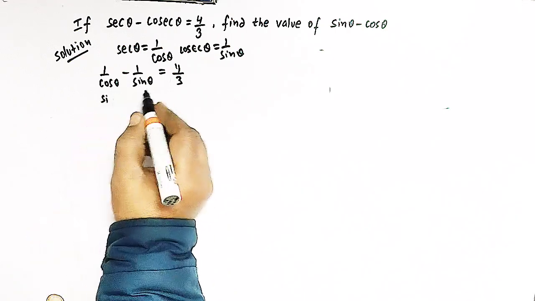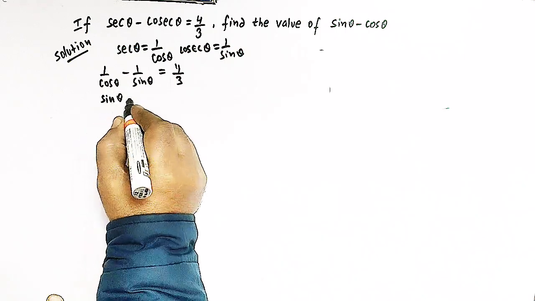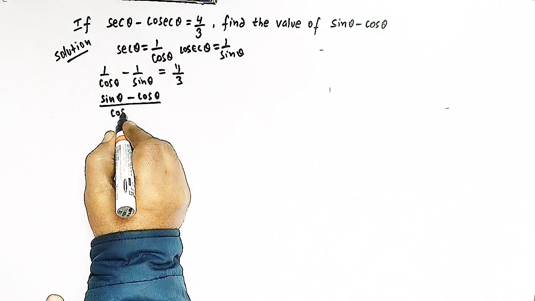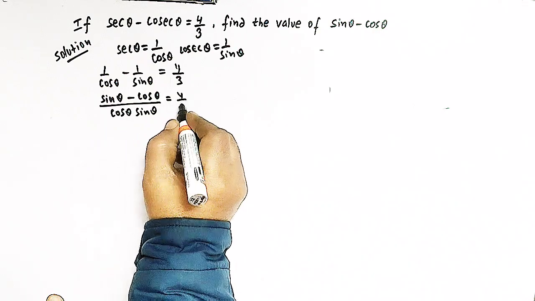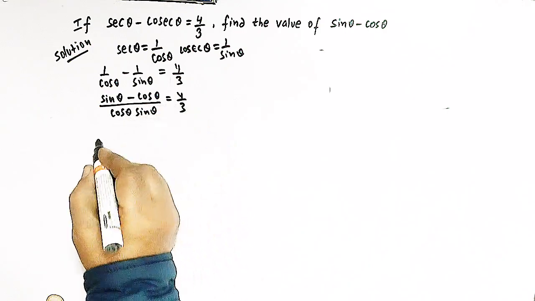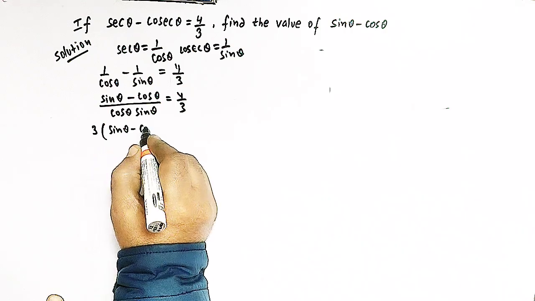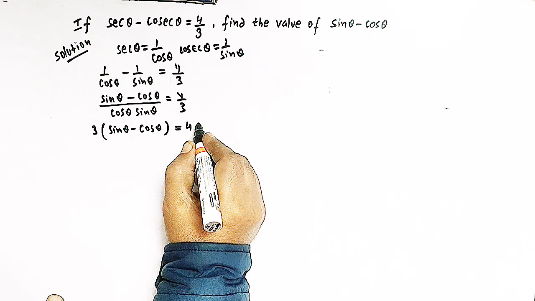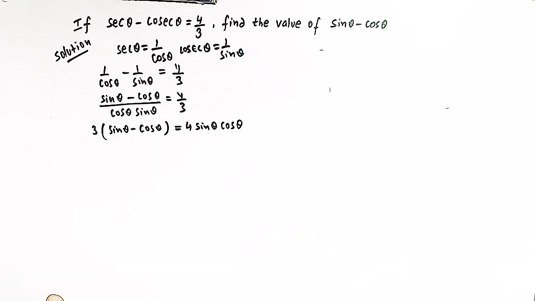By taking the LCM, we have sine theta minus cos theta divided by cos theta sine theta, and here we have 4 over 3. Using cross multiplication, we can write 3 times sine theta minus cosine theta is equal to 4 times sine theta cos theta, right?